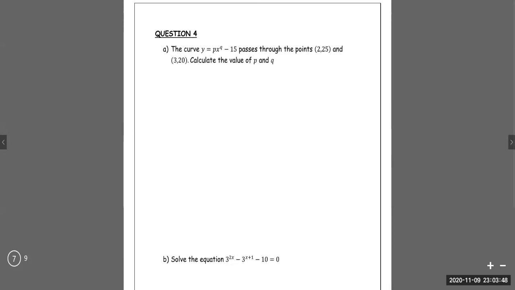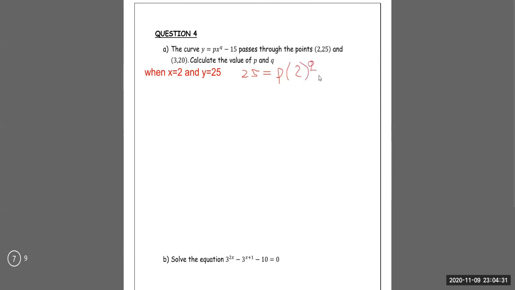Very good. So we can just write down, they're giving us when x is 2 and y is 25. So when x equals 2 and y equals 25, we're getting 25 is equal to p times 2 to the q minus 15.